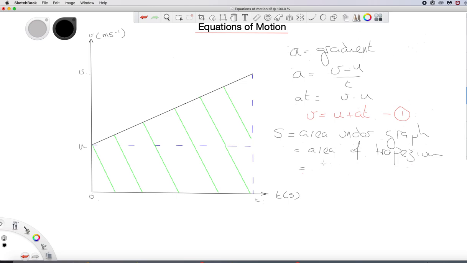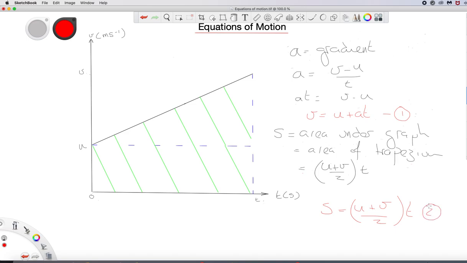So that's u plus v over 2 times the perpendicular distance between them, which is t. So now we have our second equation of motion. s equals u plus v over 2 times t.